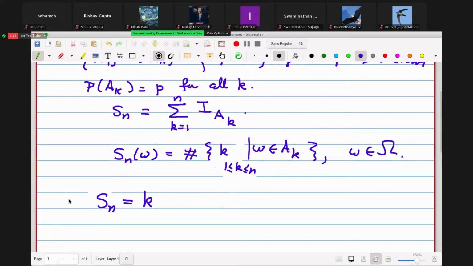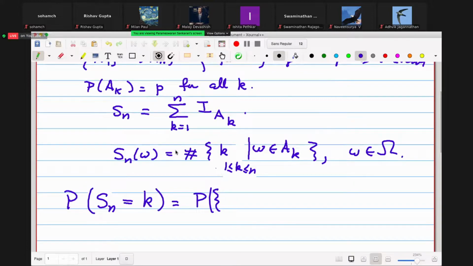So you want to know actually the probability of this, for a fixed k. Now this is equal to the probability that the cardinality should be equal to k. Here k is a variable, here k is a fixed number. So I hope it doesn't cause confusion. And I'm going to change the label here.